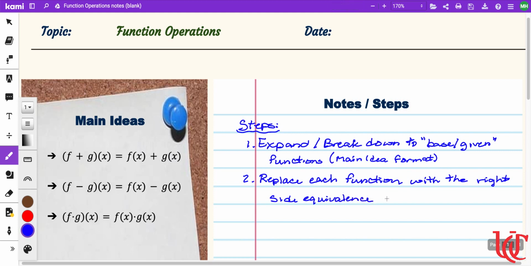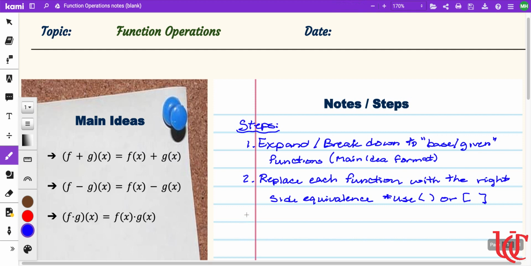Now, this is kind of optional, but I usually say use parentheses or brackets. Sometimes I'll use the square ones just so that I remember that there could be parentheses in my equation as well. And it gets a little bit less confusing if I use a different symbol for my grouping symbols.